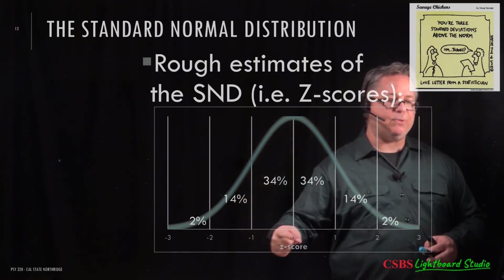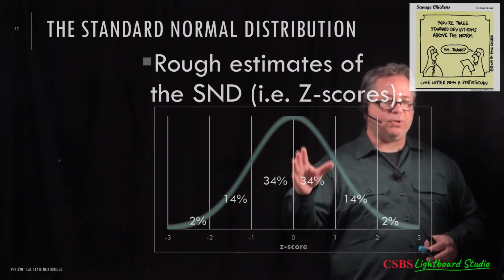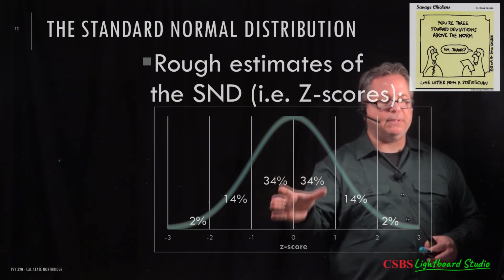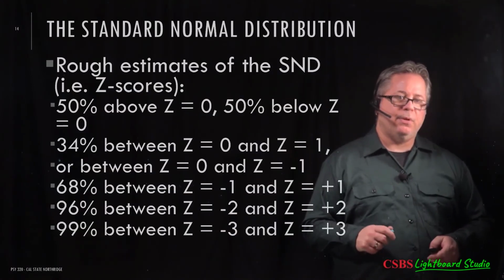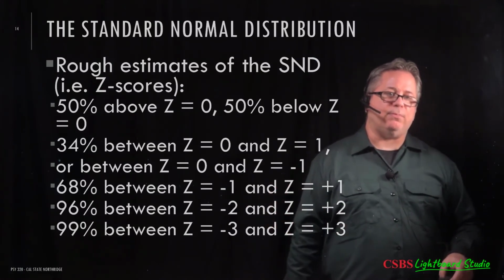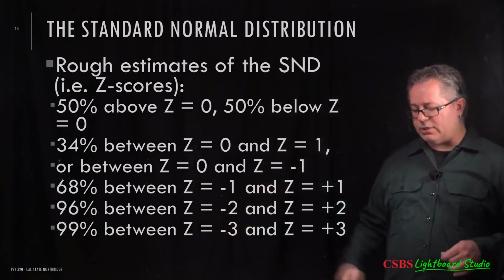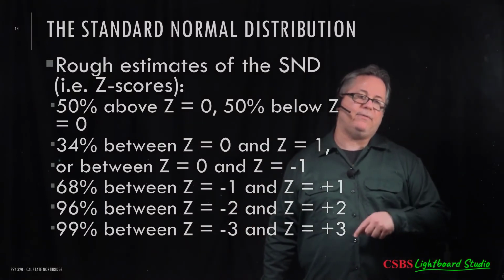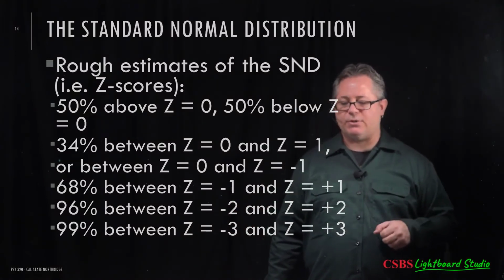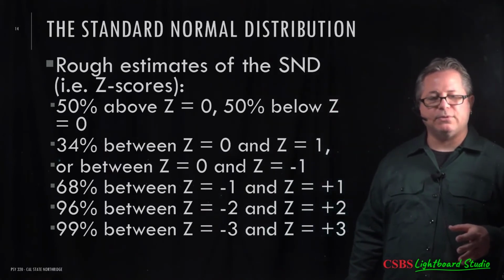It's almost 70% of the scores that are going to fall right in this middle piece between -1 and +1 standard deviations. If you go out even further and look at -2 and +2, you can add in both those 14%. Between -2 and +2, 96% of the scores fall between those values.